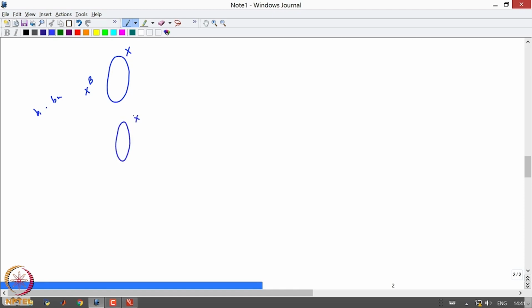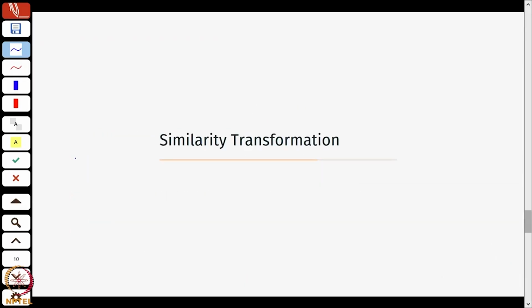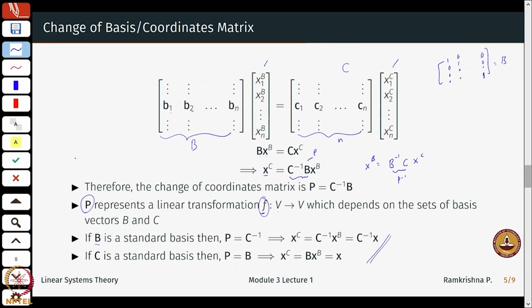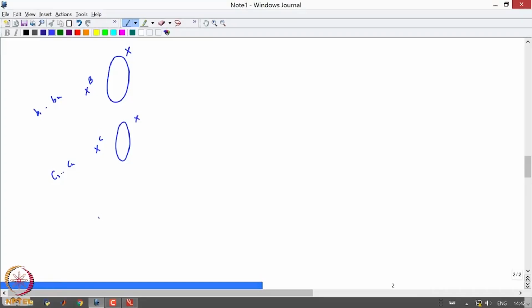The same x has another coordinate representation x c with c1 till cn being its basis vectors. What we saw is that, if I rewrite that formula here, x c is P times x b.